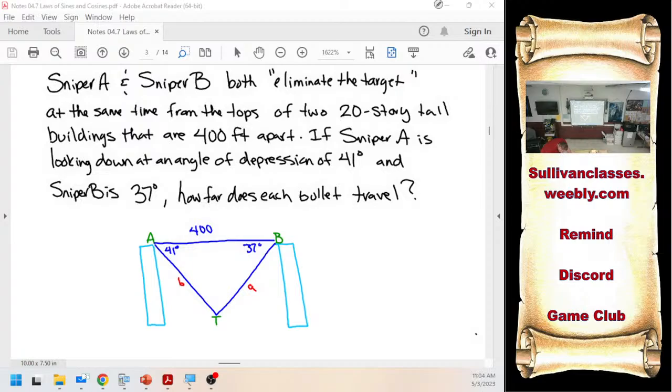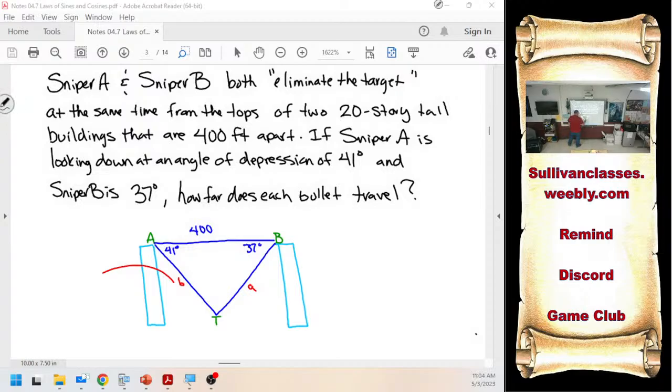So then would you do sine of 30? You'd have 400 over sine of 92. If you're trying to find this guy, it's sine of 41. Well, first of all, you've got to find your angle.